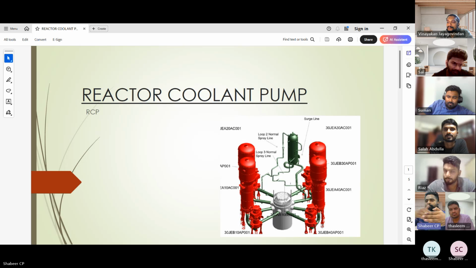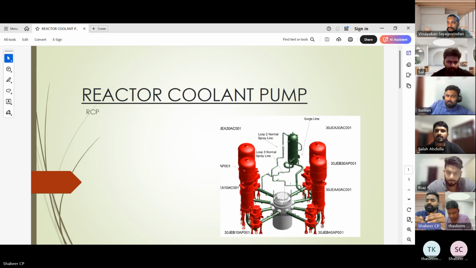There should be concrete divisions between these RCPs. Normally, if there is any severe damage, we will troubleshoot as much as the technicians can without any reactor trip.